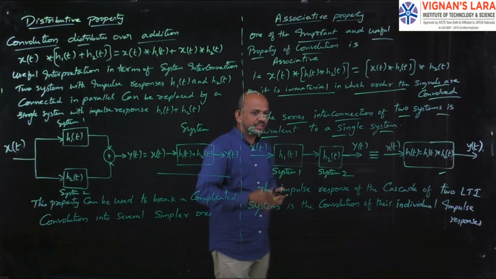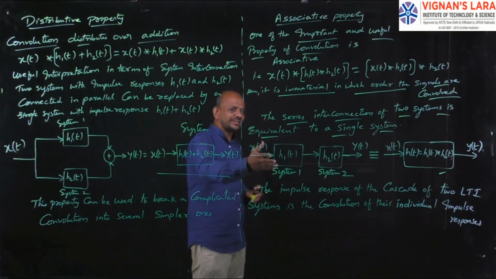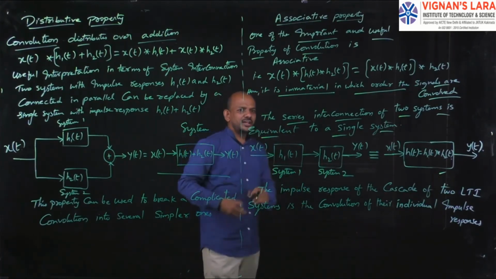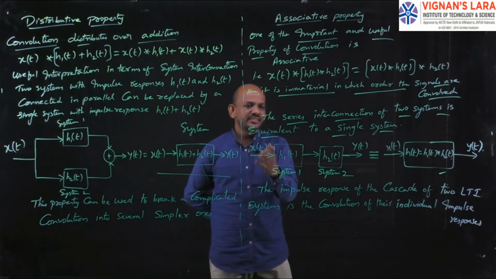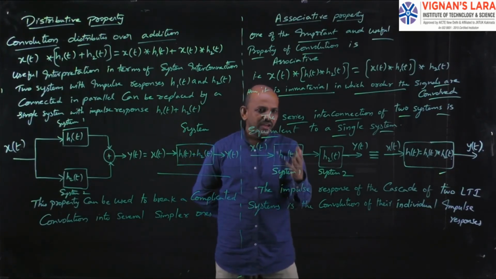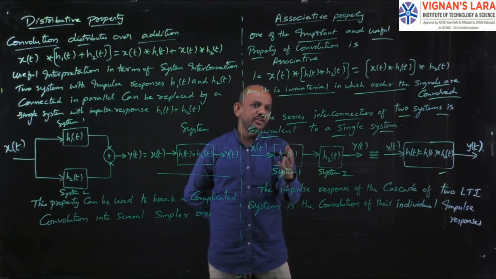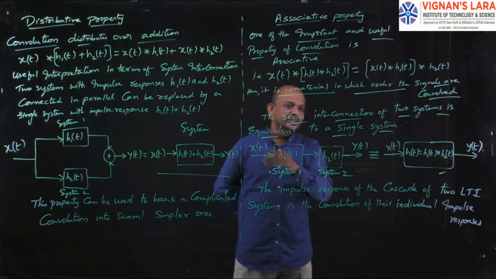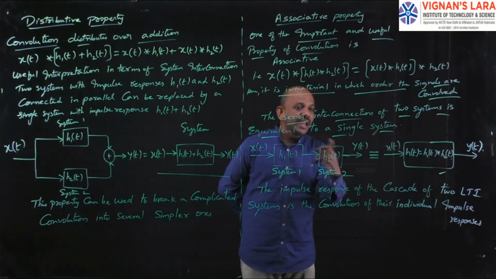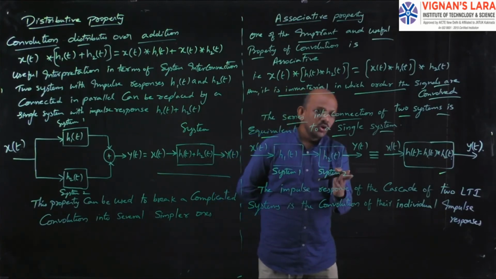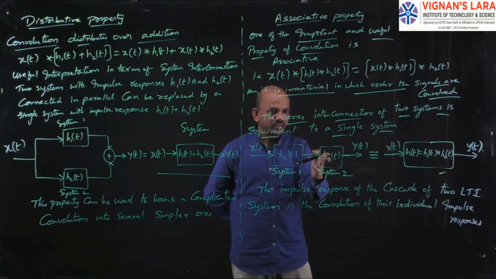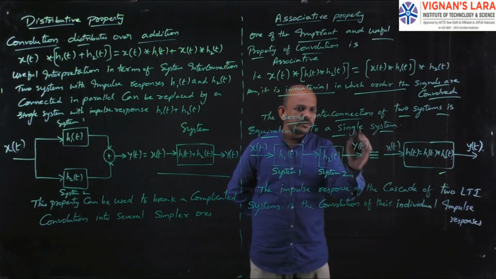So the associative property can be shown in block diagram format as follows. x of t is given as an input to system 1 having an impulse response h1 of t, and the output of system 1 is given as input to system 2 whose impulse response is h2 of t, producing an output y of t.